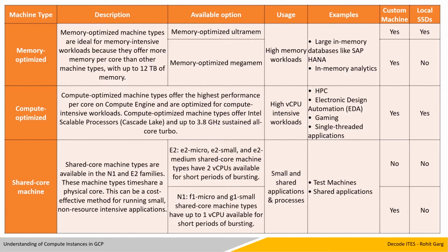And in N1, F1 micro and G1 small shared core machines are available with up to 1 vCPU for short periods of bursting. Both machine types are best for small and shared application processes, and best to use for test machines and shared applications. The difference is that the E2 machine doesn't support custom configurations and local SSD, whereas the N1 machine supports custom configuration but local SSD support is missing.